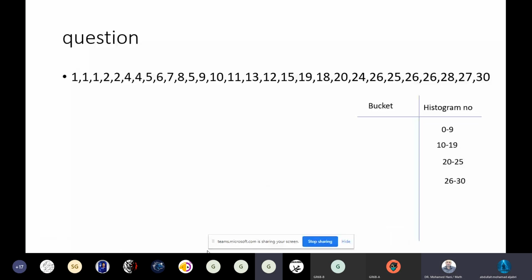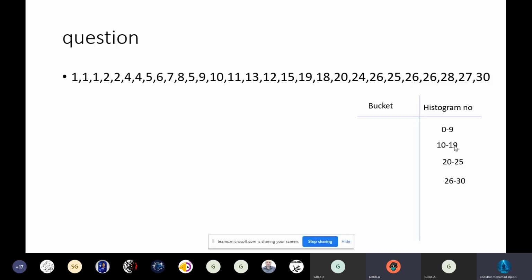Abdullah, repeat the question. Okay, you have this data set. You can see it, yes? I want you to make a histogram, the same as the one before. And these are the histogram numbers that can help you. I'll give you 5 minutes to do it.